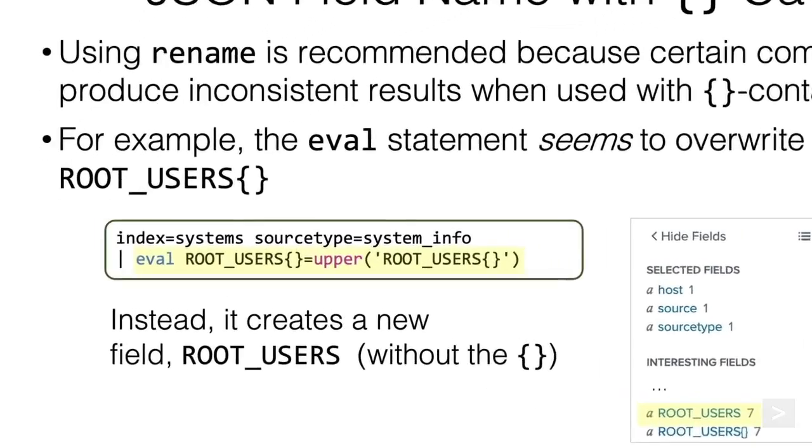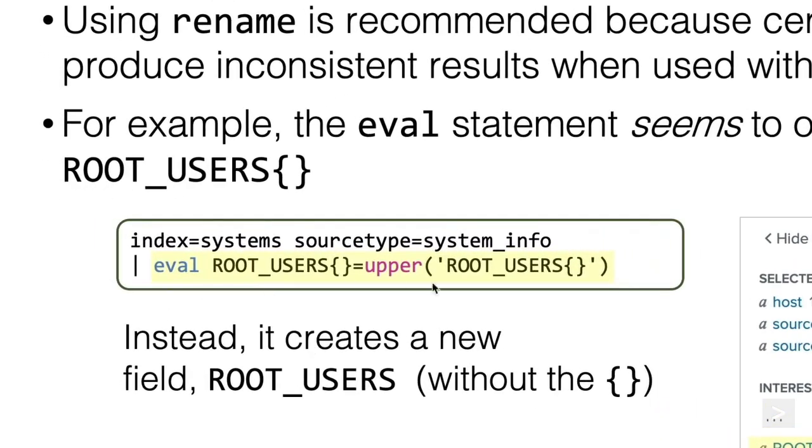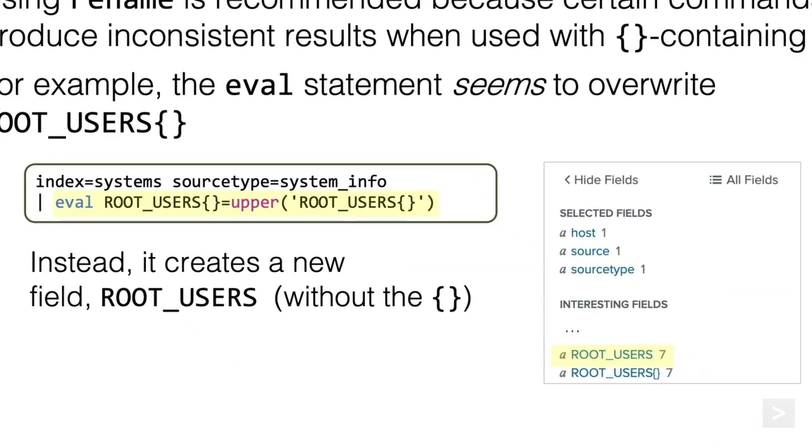As we can see here, if we pass in root_users with its original name, including those special curly brace characters, Splunk is going to create an entirely new field. The eval statement here is going to essentially create a new field, excluding the curly braces, named root_users.